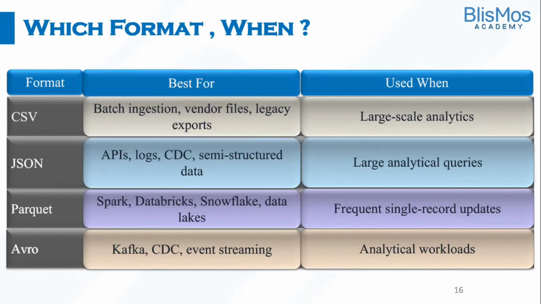If your data is going to be queried heavily, think about analytical formats like Parquet. If you're ingesting semi-structured data like API data, then JSON makes sense. If you're processing events through Kafka, then Avro would be a stronger option. So remember, match the access pattern and the format often picks itself.